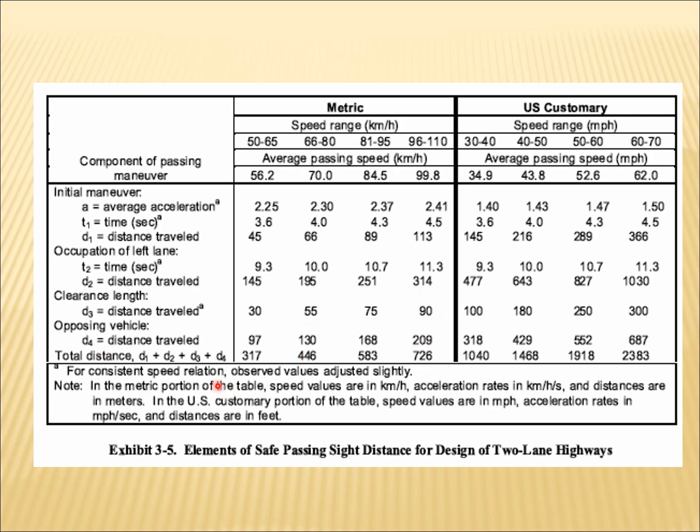In this way the total passing sight distance values have been given over here in meters. And on the right side we have the speed ranges in miles per hour, and ultimately the passing sight distance in feet.